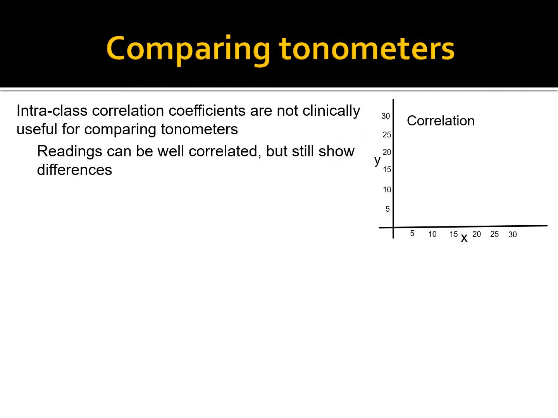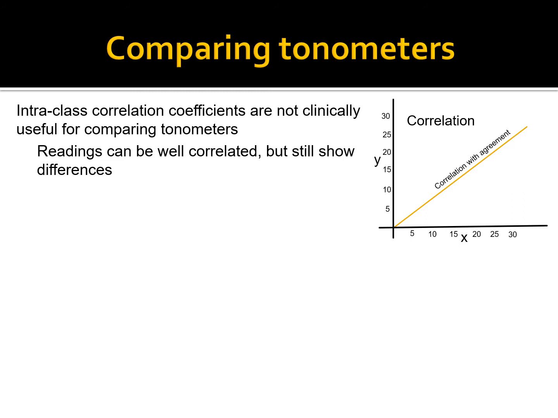So when we're comparing instruments, we used to always use correlation coefficients, but they're not useful for comparing tonometers. Readings can be well correlated, but still not show any agreement. So the only correlation slope that also gives agreement is if it's at 45 degrees and is a straight line. Then you know that when one machine measures 15 millimeters of mercury, the other machine measures 15 millimeters of mercury.